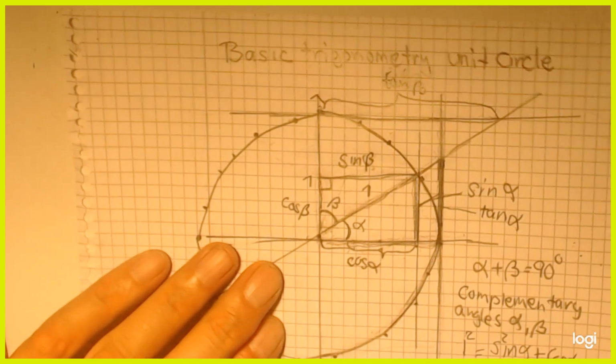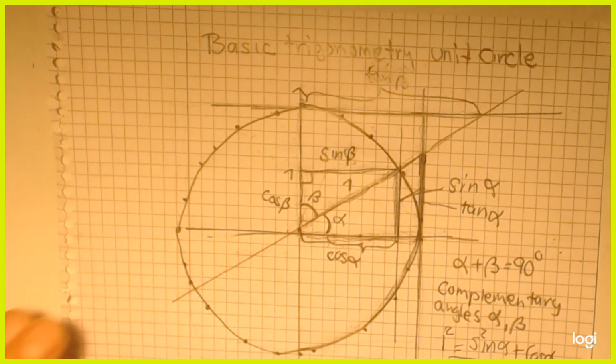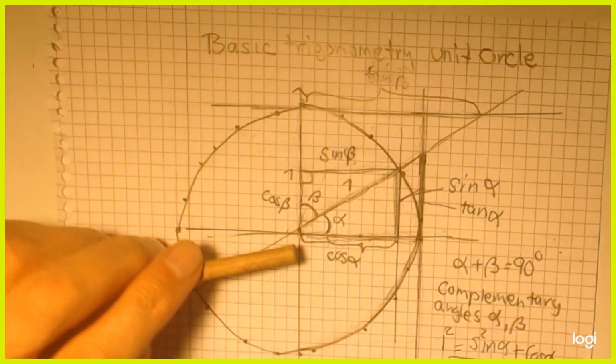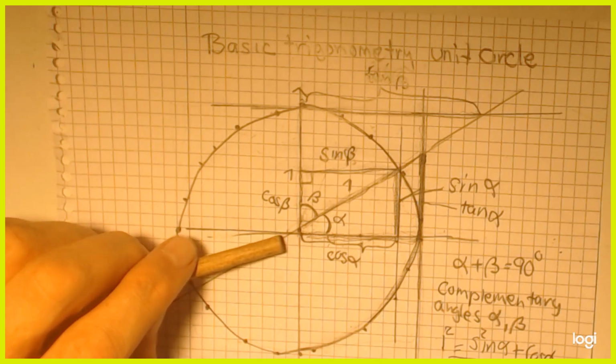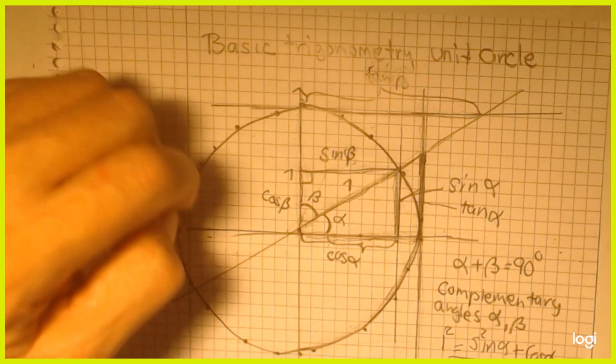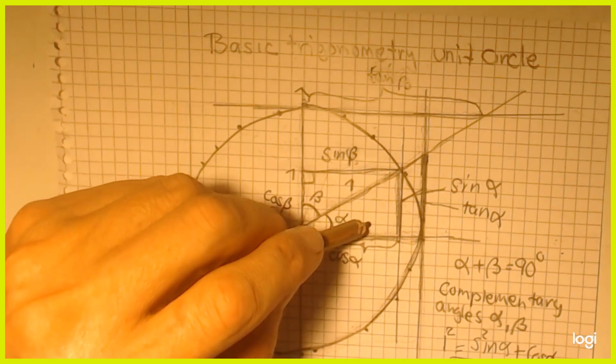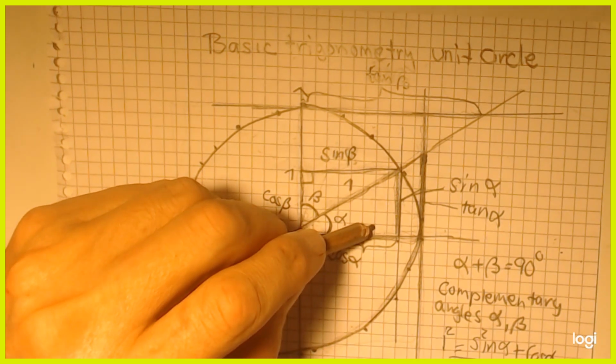And you see, we have a circle here, and this is a unit circle. That means that the radius has a length of one length unit.